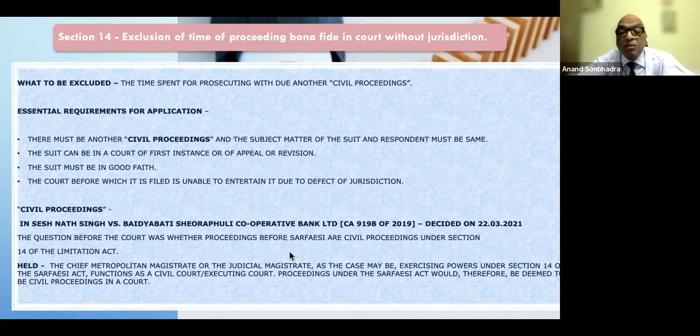So proceeding under SARFAESI Act would therefore be deemed to be a civil proceeding in a court. So if that is not the right jurisdiction, just to continue with section 14, and due to defect of jurisdiction, civil proceedings, then that period can be excluded.